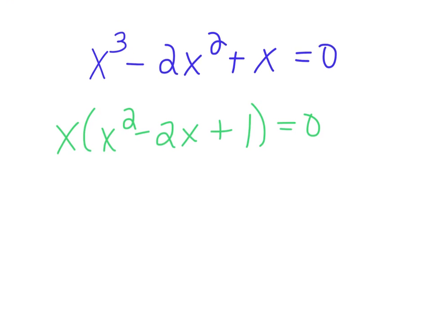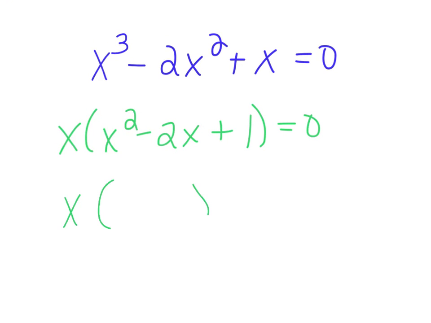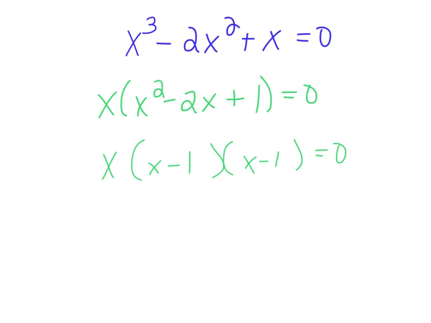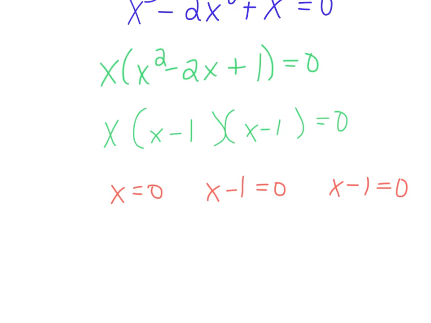All right, so now I'm left with x on the outside. Can I factor this? Are there factors of positive 1 that I multiply to get positive 1, but add to get negative 2? 1 and? 1. Yep, x minus 1, x minus 1. So now I take each little piece and set it equal to 0. So I have x equals 0, x equals what?